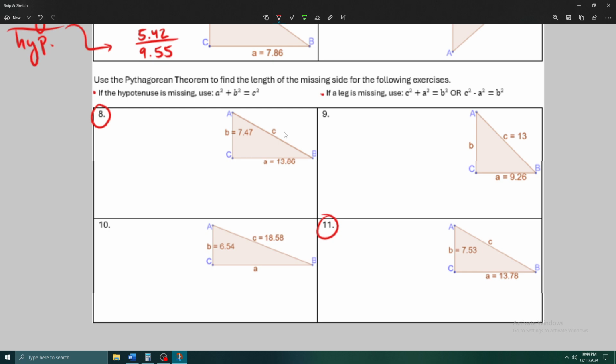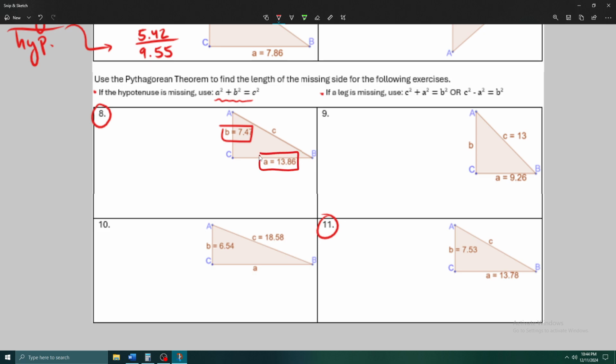In those cases, we can just use the Pythagorean theorem like normal, and it's way easier. In my opinion, you have to do less algebra. We see that C is missing, so we would simply square these numbers, add them together, and then take the square root.